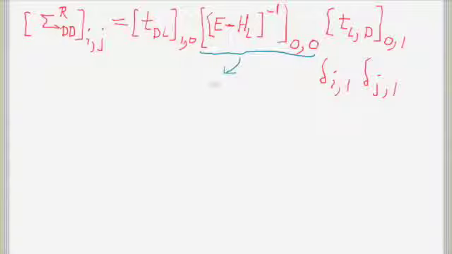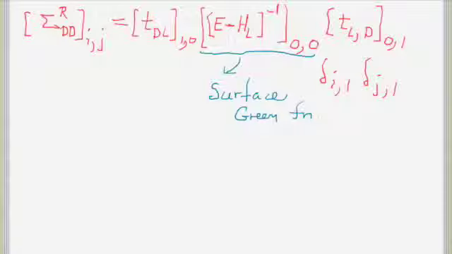So this is your famous surface Green function. It's the Green function of the left lead, but right at the surface of the left lead, where you have basically cut any matrix element coupling the lead to the device. H sub L doesn't contain any matrix element that couples the lead to the device.